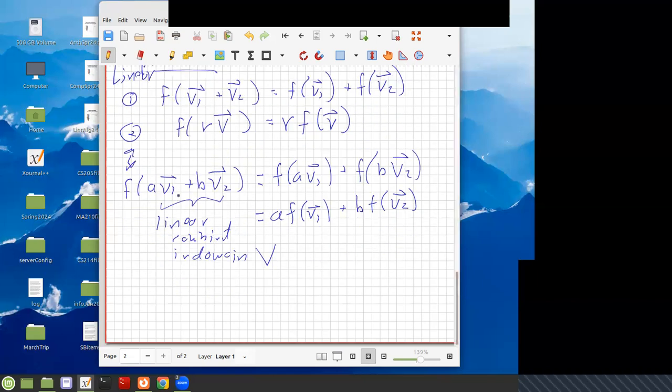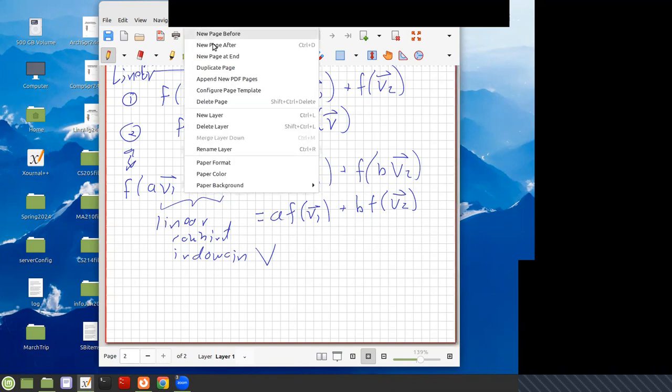And it's a very strong constraint, because it's going to turn out that linear maps have a lot of nice properties with respect to the properties of vector spaces, which you've seen in the last chapters. So we want to explore that, which means we need to look at some examples.